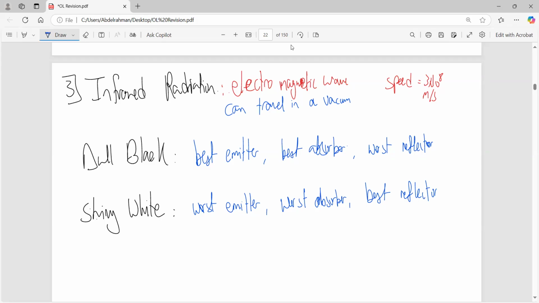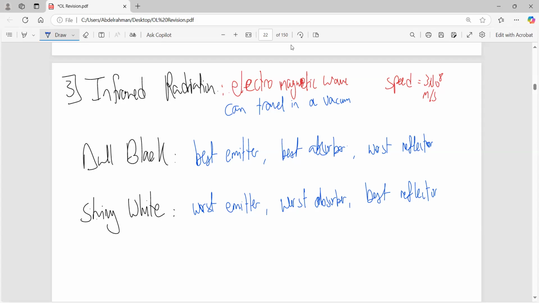For example, if I have a cold cup of water and it's hot outside, this cup of water compared to the environment would be an absorber.